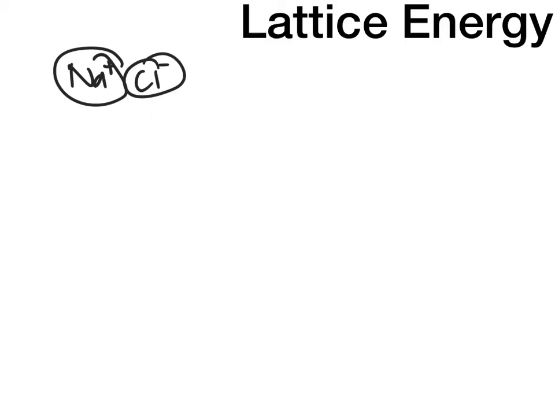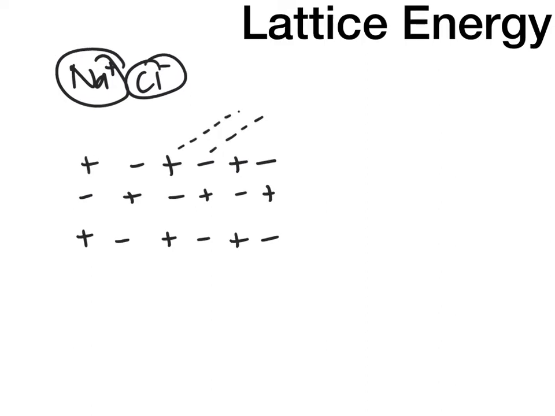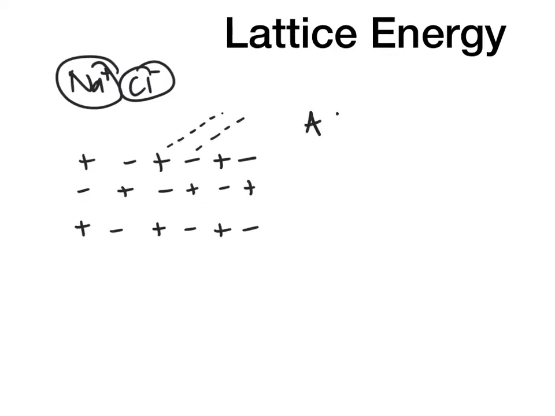So instead we will just have plus, minus, plus, minus, plus, minus. And this pattern repeats in 3 dimensions. As we go back in 3D space, we will see all of these interactions. So a lattice of charges stabilizes them.